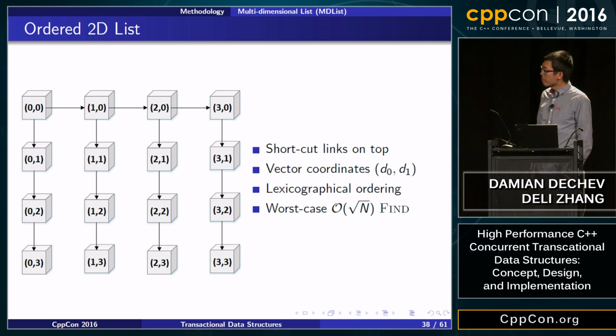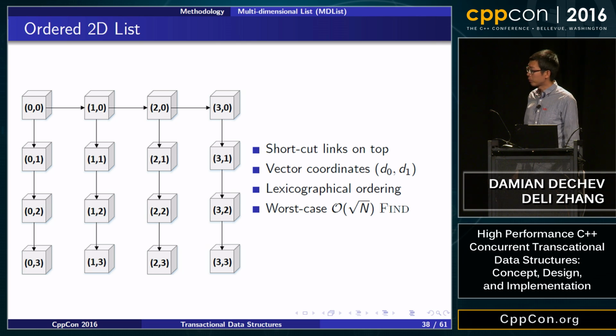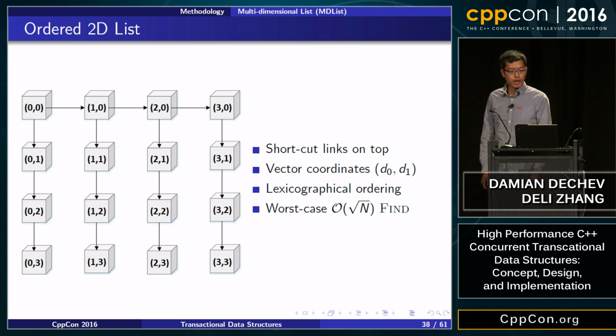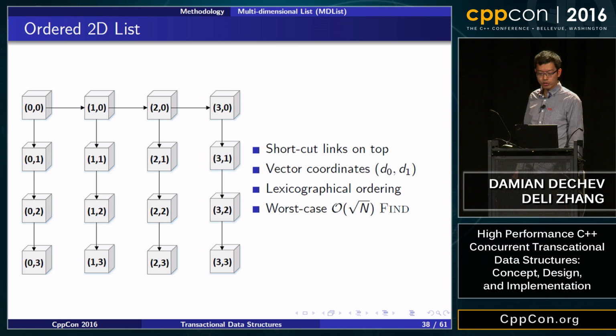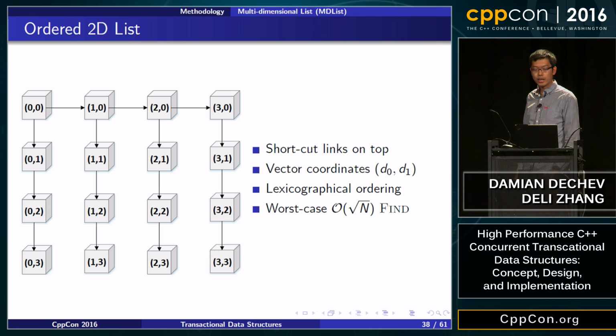Based on this observation, we came up with the 2D list. We replaced the links from the bottom nodes to the top nodes with links among the top nodes, and we introduce a 2-dimensional vector which serves as a coordinate for each node. The nodes are arranged by the lexicographic ordering of the coordinates.